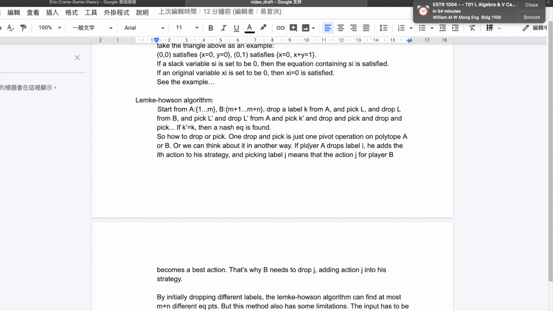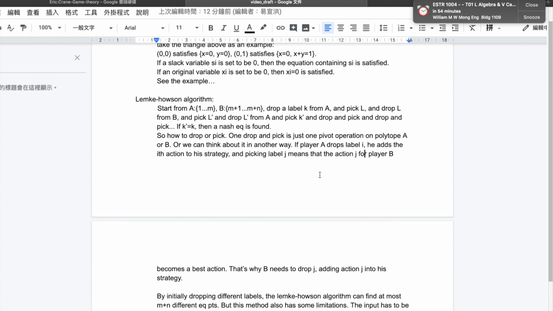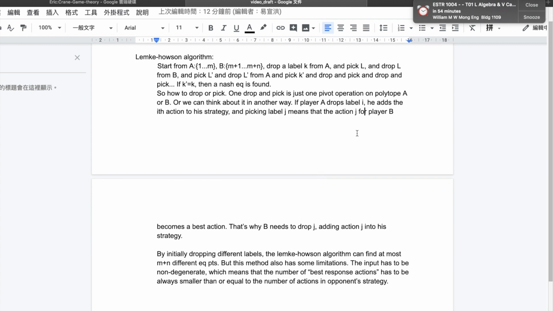So if player A drops label i, he adds the i's action to his strategy. And then player A picks label j, which means that the action j for player B becomes one of the best actions for player B. And that's why player B needs to drop j, adding action j into his strategy.